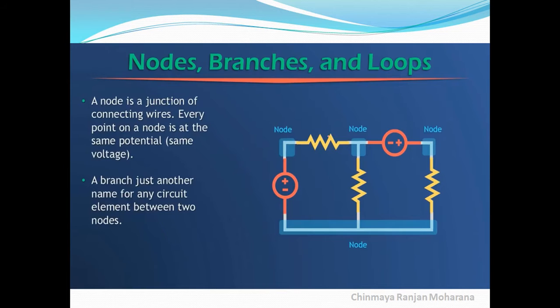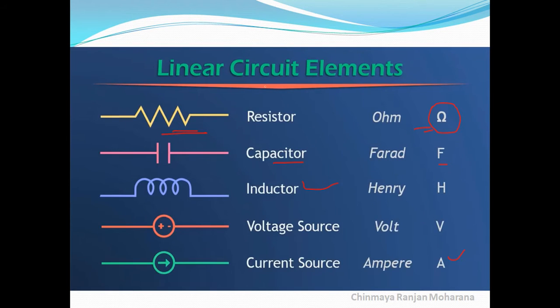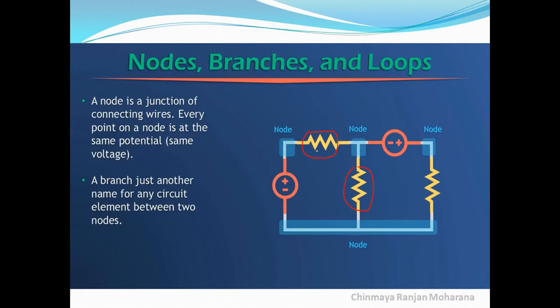Here you see these are also linear elements, as before. This is a resistor and this is a resistor. It is a voltage source, resistor and voltage source.